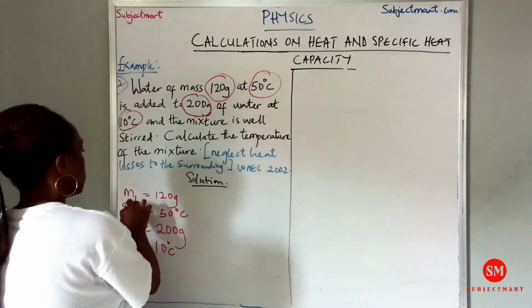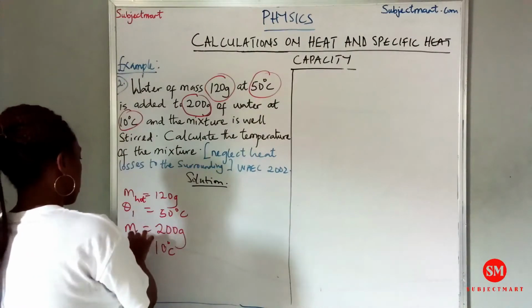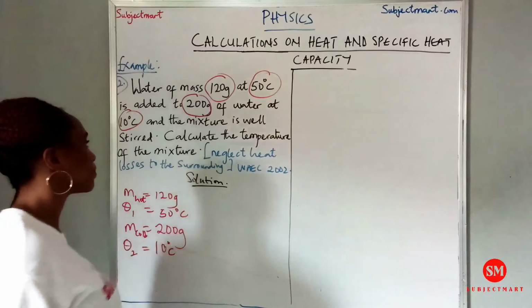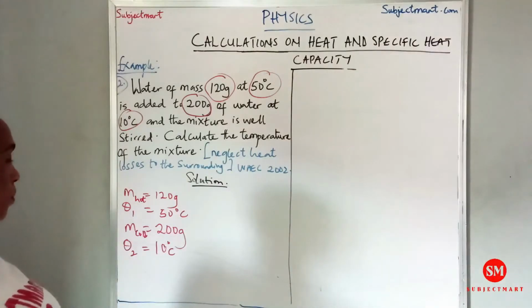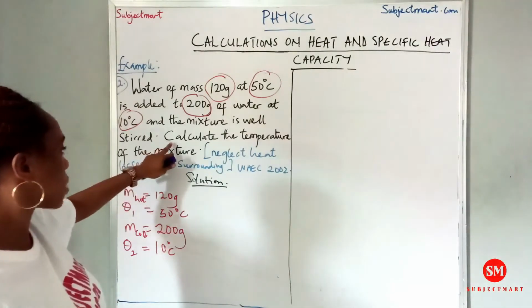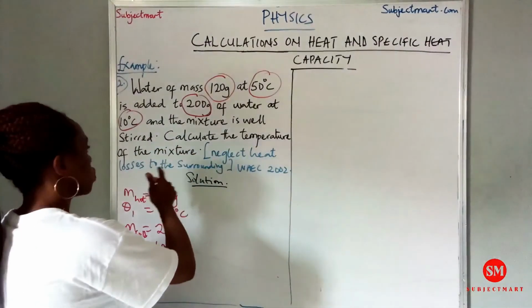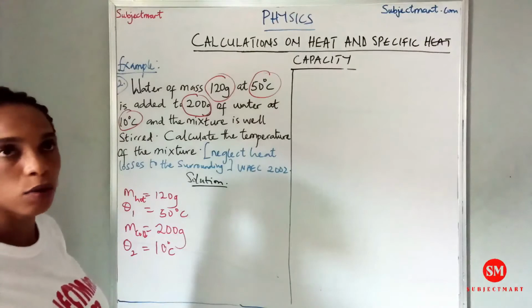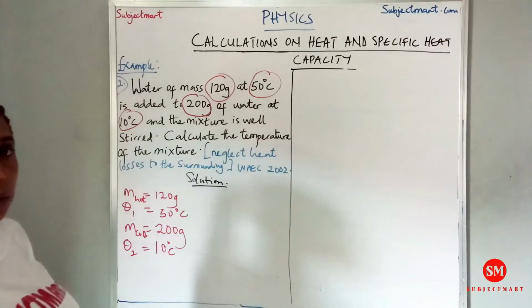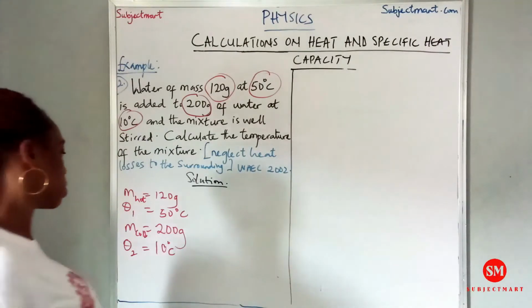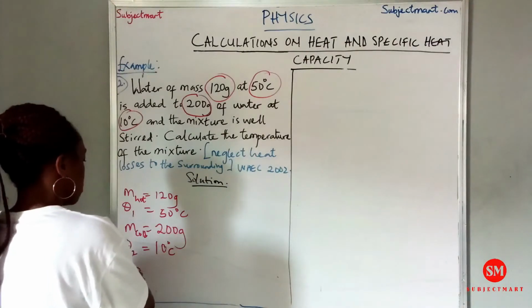So I'm just going to label M hot and M cold. The question now says calculate the temperature of the mixture. That means calculate the final steady temperature of the mixture, which is theta 3.